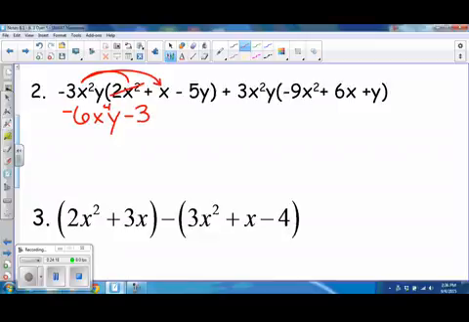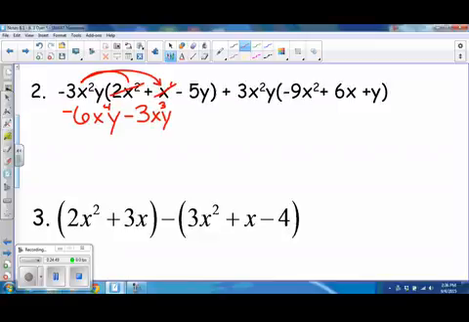X squared times x is x to the 3rd. You add the exponents. Remember, there's an understood 1 right there. So 2 plus 1 is 3. So that's x to the 3rd. And do I have anything to multiply times y? I don't have anything else to combine with y, so it just stays y. Okay? We're done with that one.